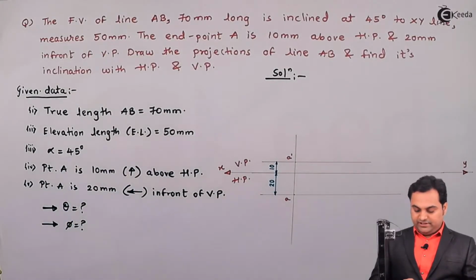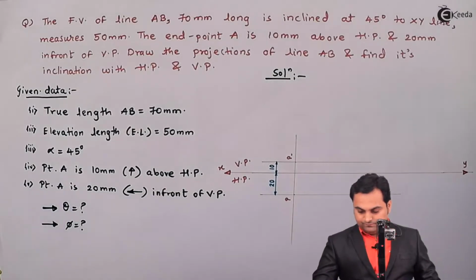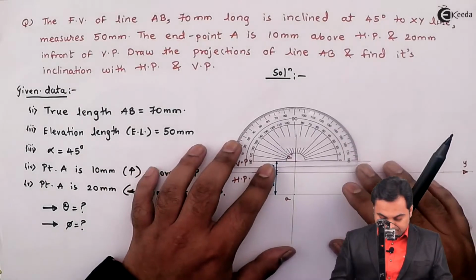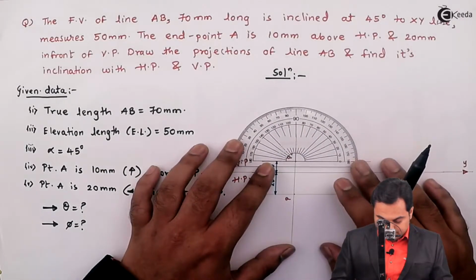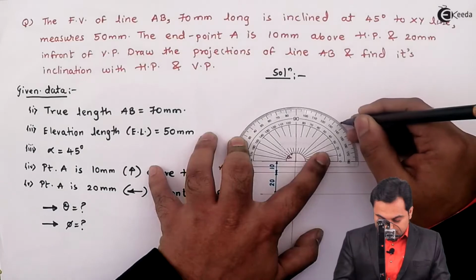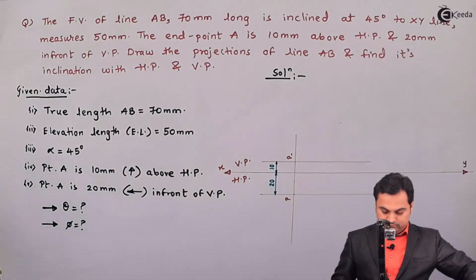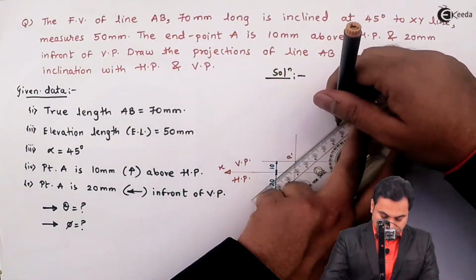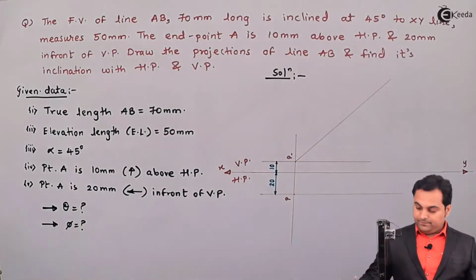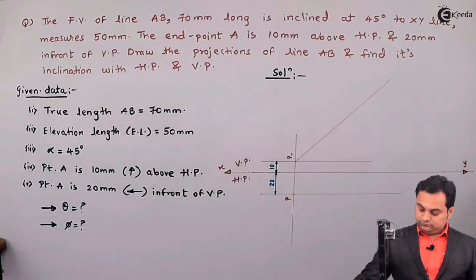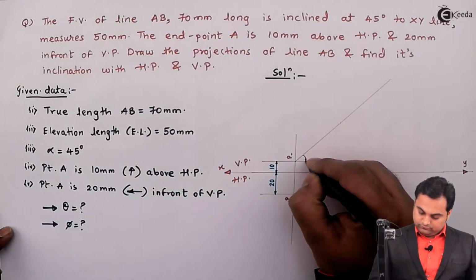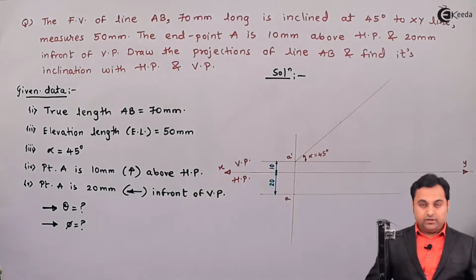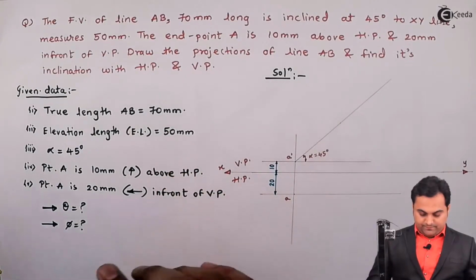So here I'll measure an angle from A dash at 45 degree, drawing a light line. Alpha is 45 degree. Elevation length is 50 mm.